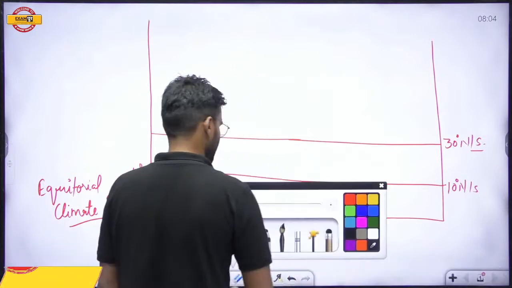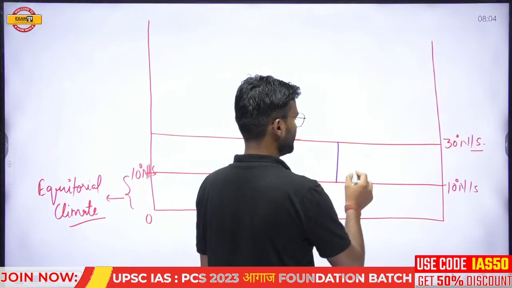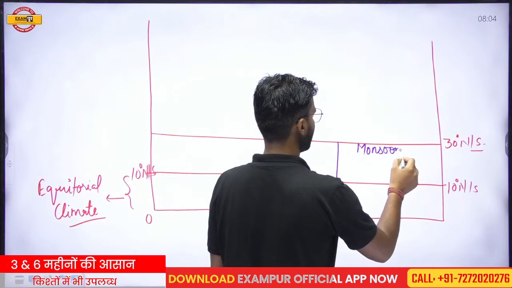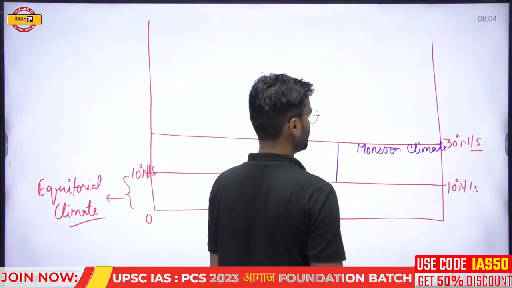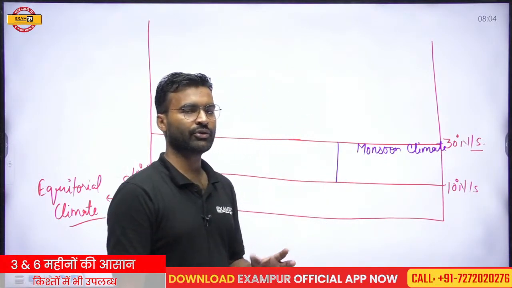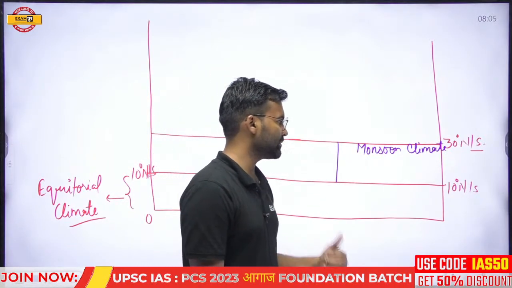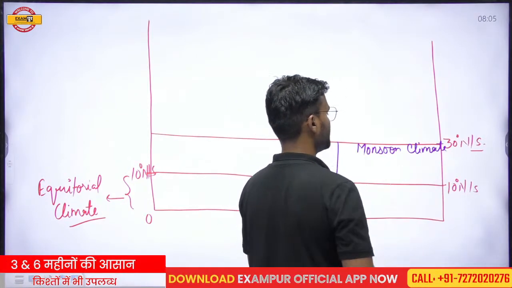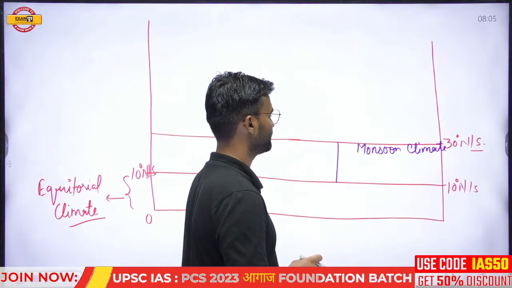The eastern margin of any continent has the monsoon type of climatic zone, where approximately 6 months of the year have high temperature, and the other 6 months of the year experience relatively low temperature.